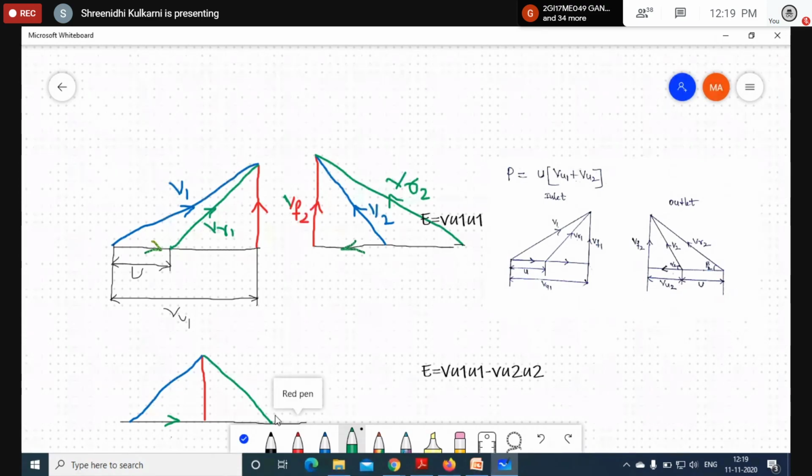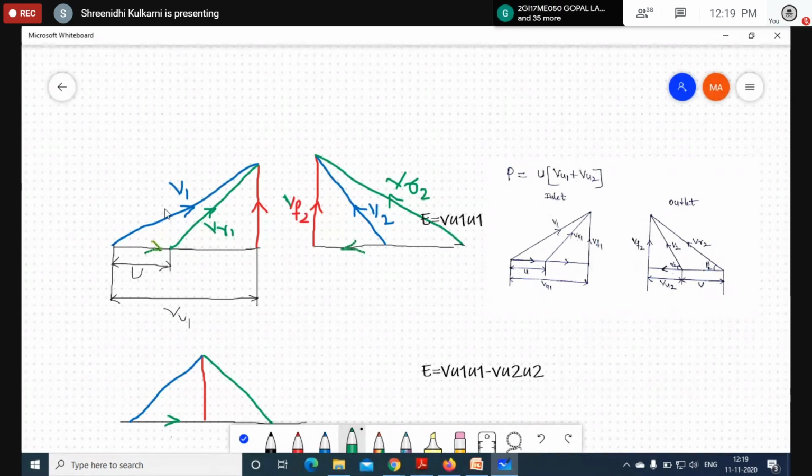Initially, while drawing the inlet velocity triangle, the direction means, suppose the nozzle is present here. The fluid is flowing in this direction with an angle alpha 1, so I will call this the absolute velocity, in this direction only. But what about VU1? VU1 is moving from left to right.